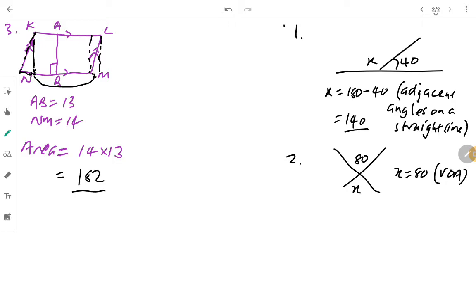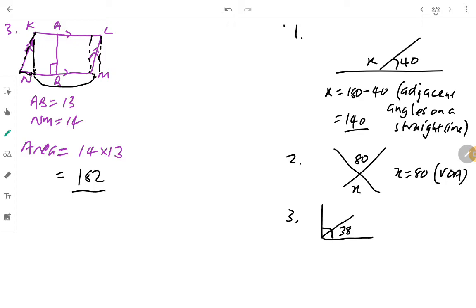Then the next example. I'll say that this is 38 degrees.